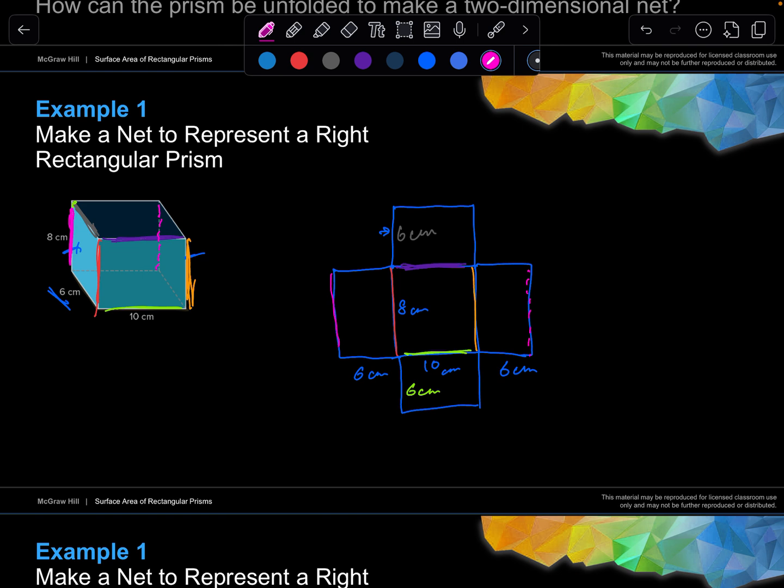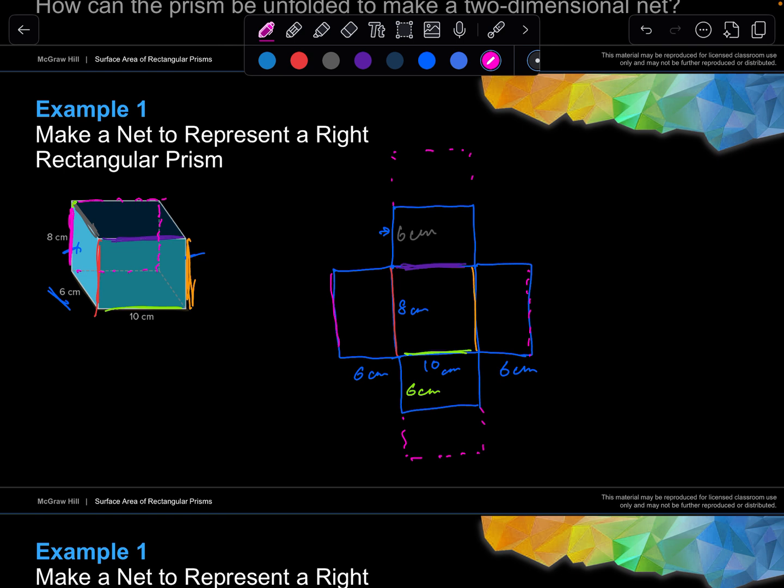Or it could be attached to this top edge, which would go beyond here. Or could it be attached to something else? Well, it could be attached to this bottom side, in which case it would go here. So pick any one of these sides.